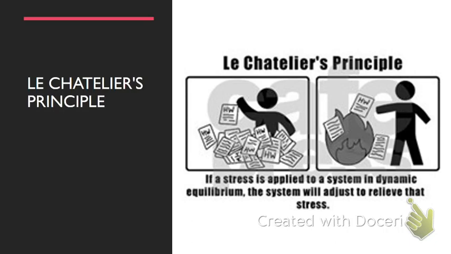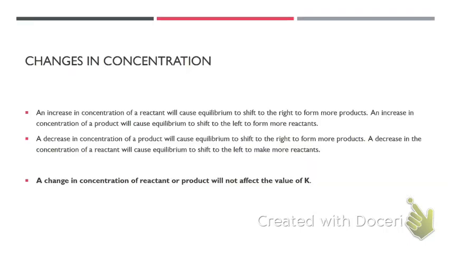And how it shifts is what we're going to be looking at. These are the fancy official words, like if you looked it up in the book or online. But the easiest way to do it is whatever you're adding, it's going to shift away from it. So if I'm adding reactants, it's going to shift away from the reactants and form more products.